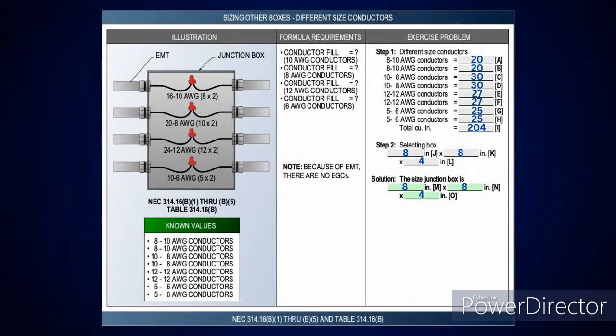Well, and one of the things that we like to do, and I don't think the other publications actually do this, I'm not 100% sure, is that you'll notice we do round and octagonal, then we do device boxes, square boxes, and other boxes. And notice, all the calculations, it doesn't matter which box you're doing, it's still the same calculation. It's just knowing the methods of counting your conductors.